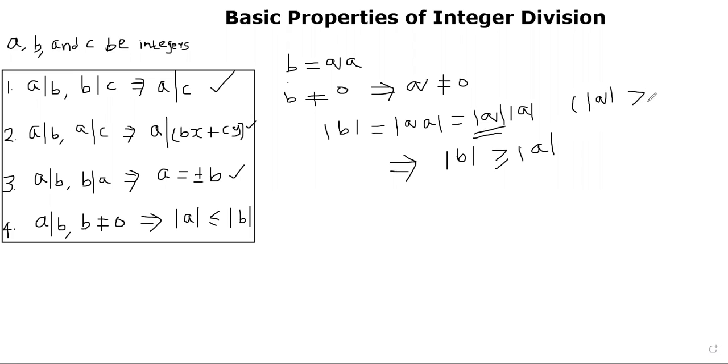The reason is that Q is non-zero. If Q is non-zero, the absolute value of Q must be greater than or equal to 1 because we are talking about integers. So we proved all four properties.